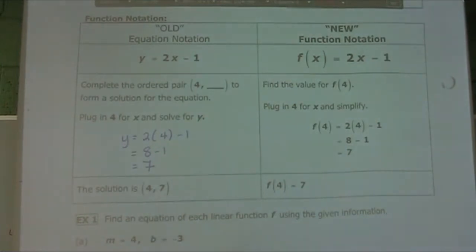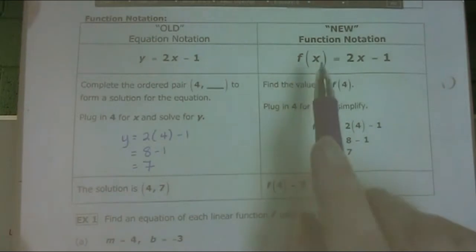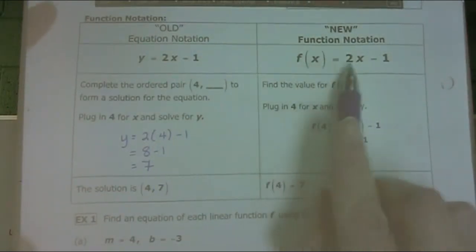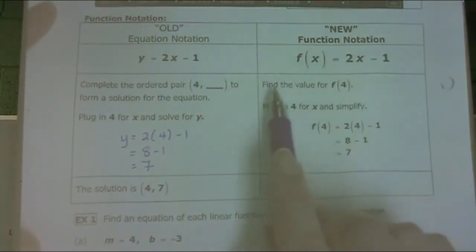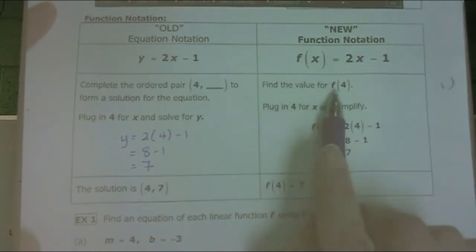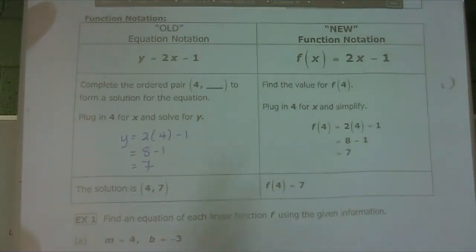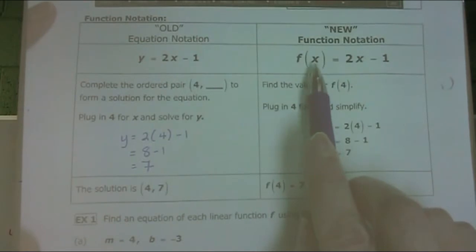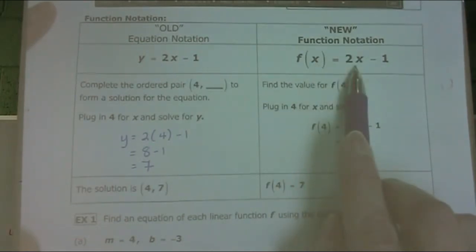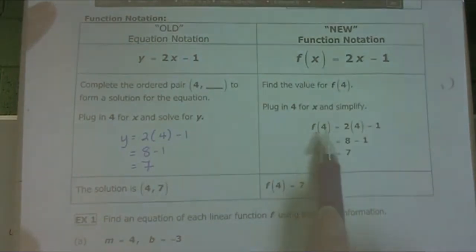We're going to do the exact same thing with function notation. It is the same thing, it just looks different. If I have a function, f of x equals 2x minus 1, instead I'm going to say find the value for f of 4. We're going to plug 4 in for x and simplify. The 4 goes in for x in 2 places, right here and right here. So f of 4 equals 2 times 4 minus 1, which is 8 minus 1, which is 7.